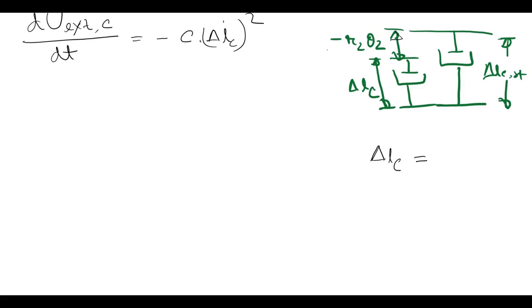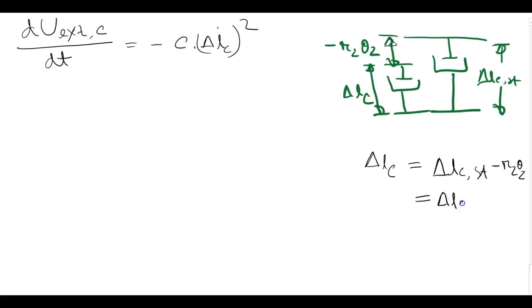The deflection of the damper will be similar to the spring. At equilibrium position, we get the static deflection of the damper, which is del Lc static, and when the damper is shortened, we get the deflection as del Lc. The amount this damper shortened was R2 theta 2. Because the damper shortened, that's why we get a negative sign. So let's write down the expression for del Lc, which is del Lc static minus R2 theta 2, and we know the expression for R2 theta 2, which is del Lc static minus R1 theta.